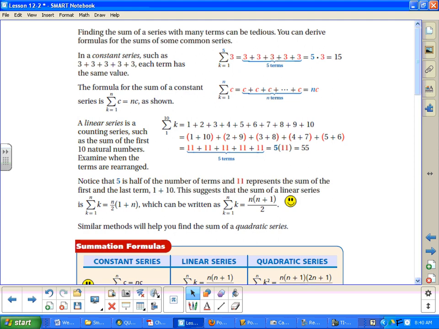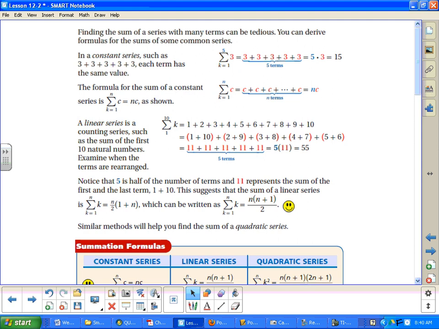That if I take my value of n, my top number here, multiply that by n plus 1 and divide by 2, I can get the sum for a linear series. Well, you can either use that formula or you could just add up the numbers 1 through 10. Some people find it easier just to add them up instead of trying to figure out the formulas. And you know what? That's okay.